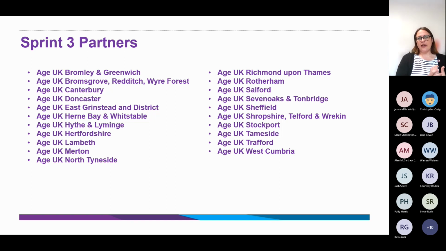You may meet each other in the drop-in sessions that we've put into your calendars for Wednesday. The drop-in sessions are not mandatory, but they're extremely helpful if you have any little glitch that comes up or any questions about where you are in the sprint at the time. And we found in Sprint 2 that in some cases partners were able to help partners by sharing their experience with a particular issue.